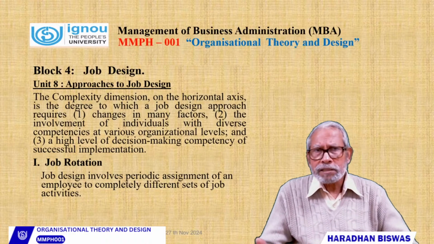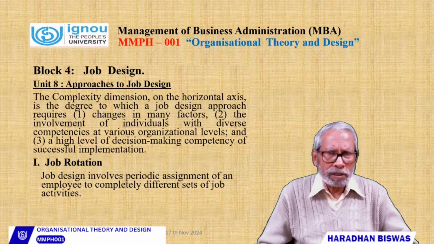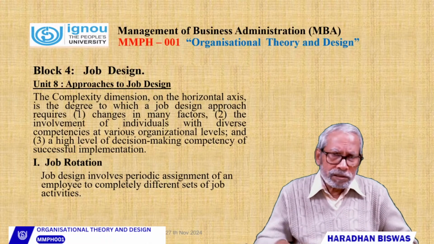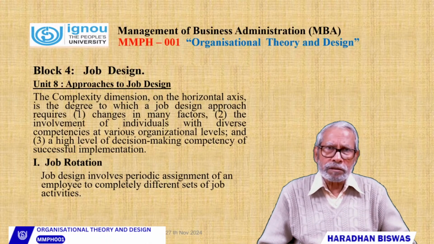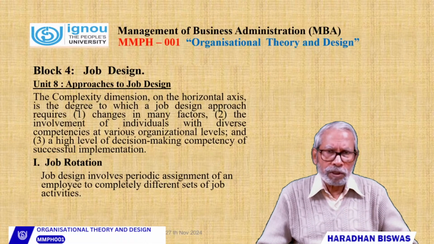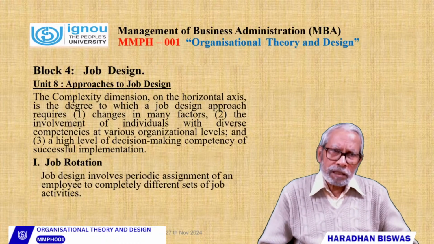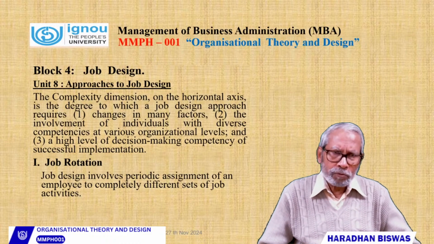Then the next month, he can be shifted to marketing. He should know the marketing system, maybe production. This is the way rotation can be implemented so that the competence level can be high. So this is another way job rotations are designed.